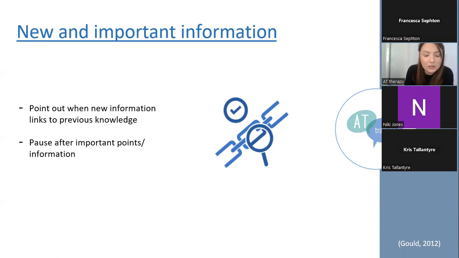Think of pausing as pausing for processing. Pausing after key points allows learners to process and digest information. It also prevents overload and encourages active engagement. It offers clarification opportunities and supports retention and reflection, which is really important.